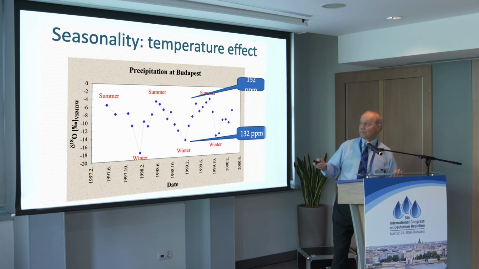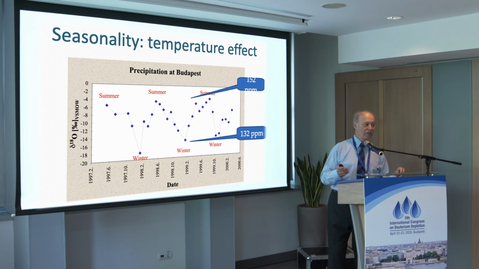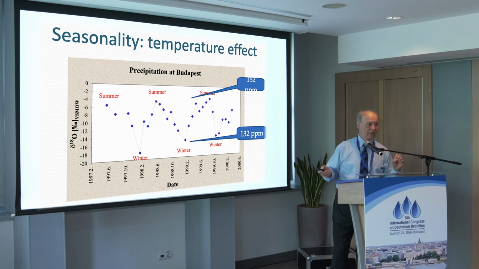Temperature effect. These data are from Budapest. I measured the precipitation isotopic composition. As you can see, there is a very high variation in the isotopic composition of the precipitation. There is a significant difference between the summer precipitation and the winter precipitation. I calculated the deuterium content in ppm.